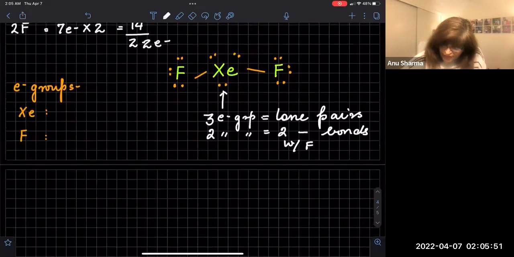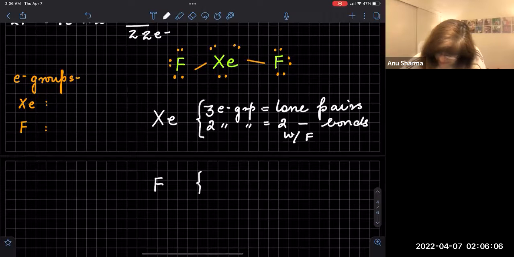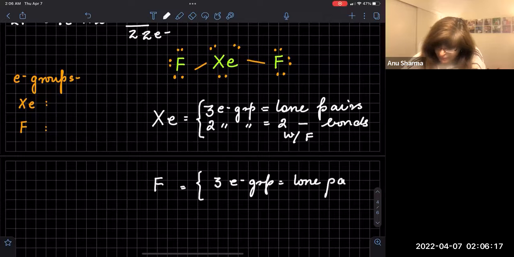So this is one piece with regards to xenon. Now let's look at fluorine. Fluorine has 3 lone pairs, so 3 electron groups are coming from the lone pairs, and one electron group is coming from the single bond with xenon.